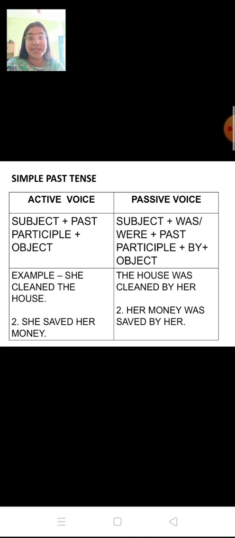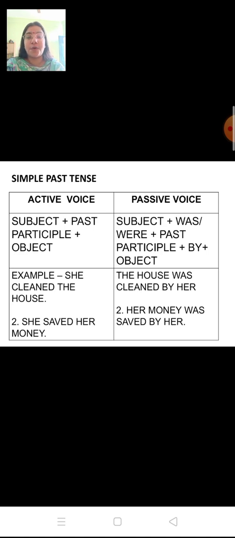Now, this object will become the subject in passive voice, and the sentence will start with her money. Now, we are going to add was plus past participle. Here the verb is saved. Her money was saved. We are going to add by. She in the active voice will become her in the passive voice, as I discussed in the previous class also. So the sentence will become: her money was saved by her.